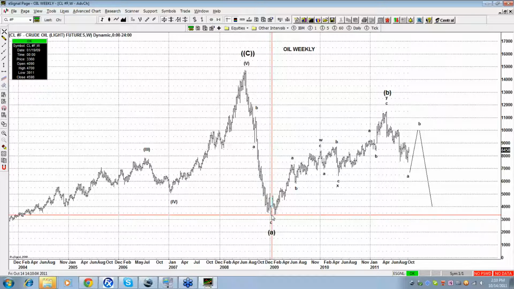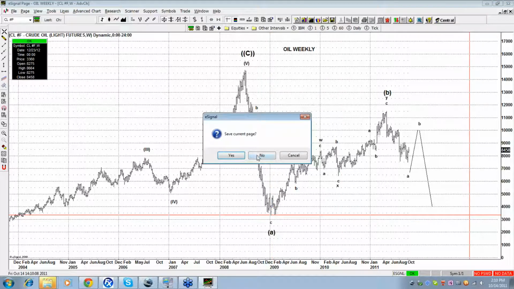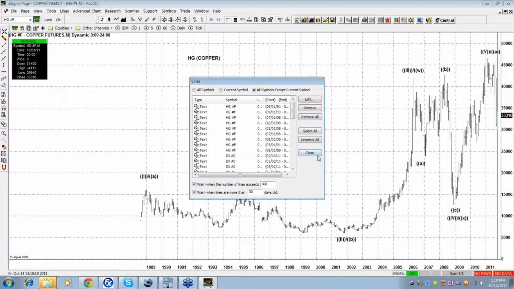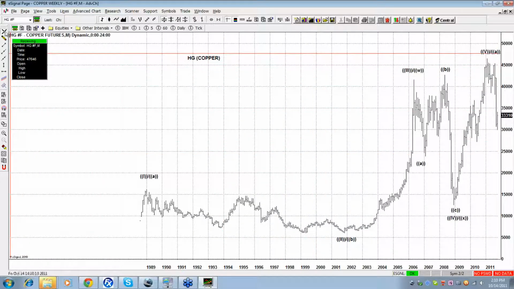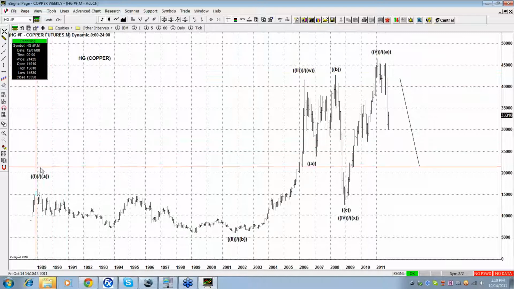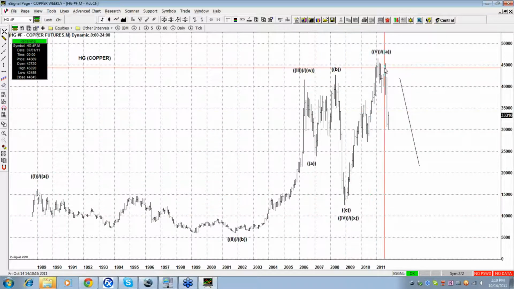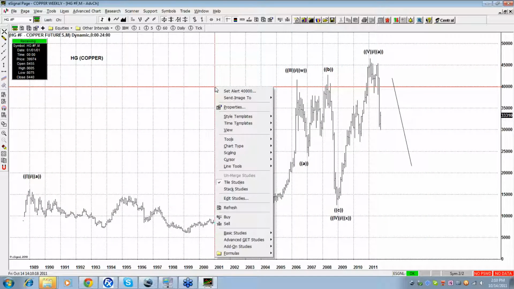This is another example of why that's going to happen. Look. This is copper. Look. 1, 2, 3, 4, 5. I want to do it on purpose. Look at these guys.